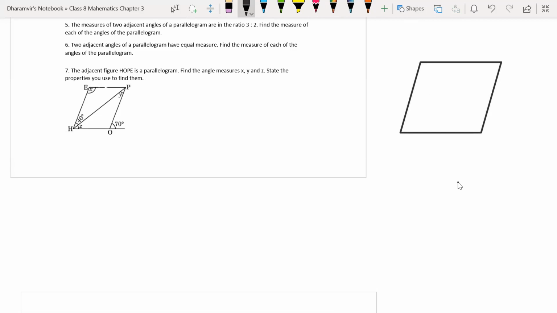Here in this parallelogram, there are four angles and four sides.